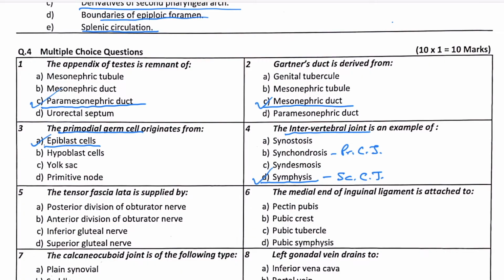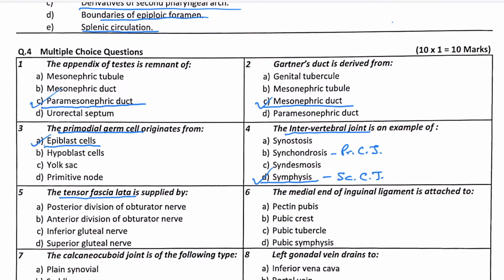MCQ number 5. Tensor fasciae lata is supplied by posterior division of obturator nerve, anterior division of obturator nerve, inferior gluteal nerve, superior gluteal nerve. So remember, tensor fasciae lata is a muscle of the gluteal region which is meant to tension, means strengthen, the iliotibial tract, and the iliotibial tract is the lateral thickening of the fascia lata.